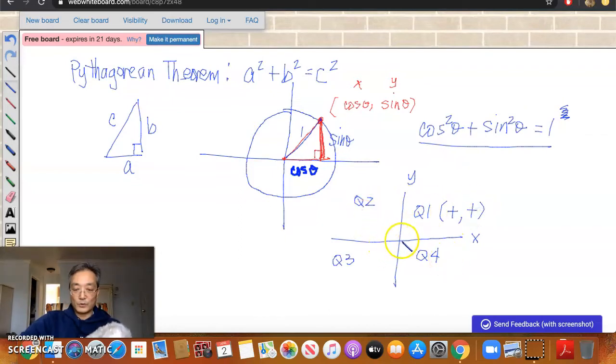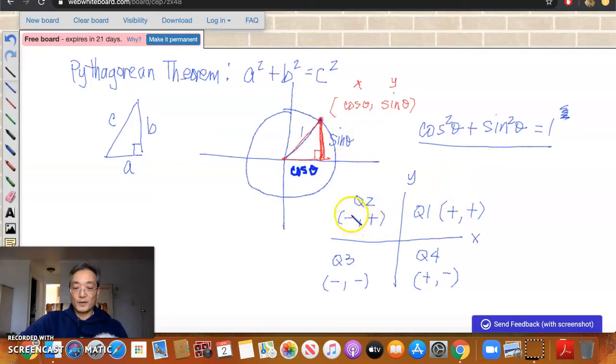In quadrant 2, the x values now turn negative, and the y values are still positive though, correct? In quadrant 3, our x values are negative, and our y values are also negative, right? So any point in here is going to have negative coordinates for both. And then finally in quadrant 4, our x values are positive, but our y values are all going to be negative, correct?